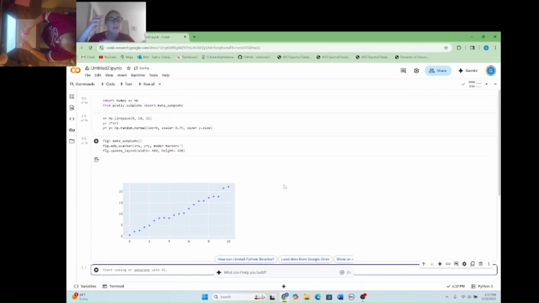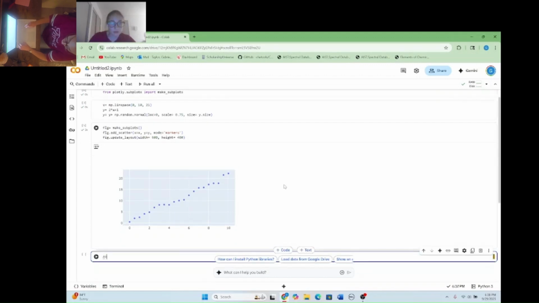So now the next thing that we want to do is to find the line of best fit. To do this, we are going to make our design matrix. With our design matrix, we're going to do A is equal to np.concatenate. We want to use our x values, and then np.ones_like x.